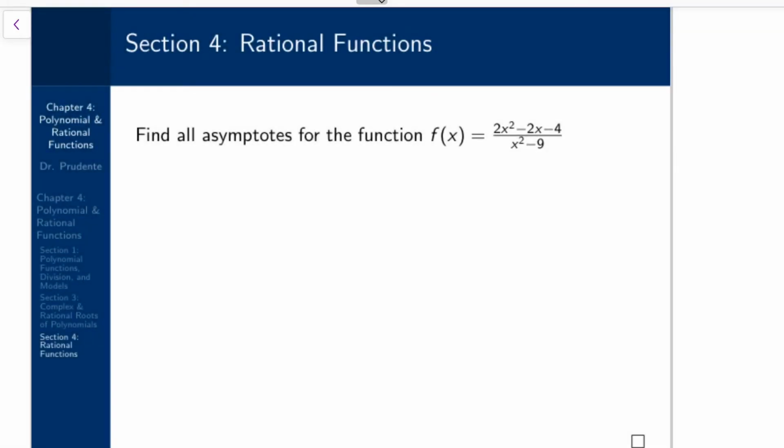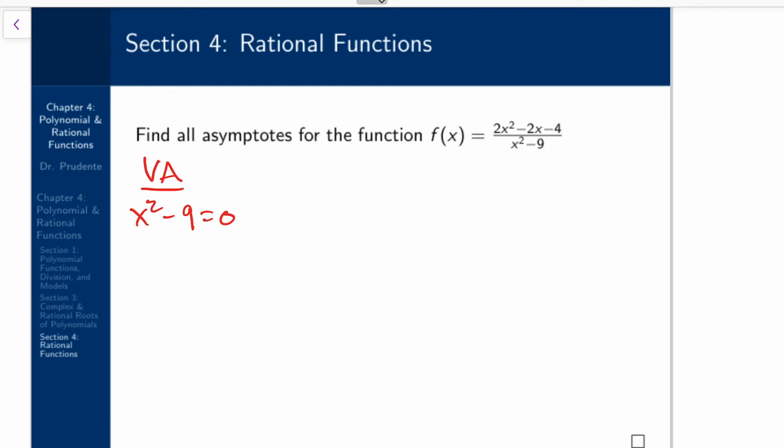Okay, let's look at an example of finding asymptotes for a function f of x. So we'll start with vertical asymptotes. If I want to find vertical asymptotes, if we remember, there are spots where our denominator is equal to 0. So we'll say x squared minus 9 is equal to 0. And we can solve this any way we want to.